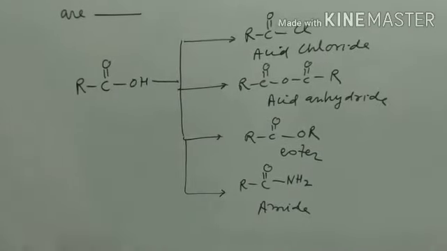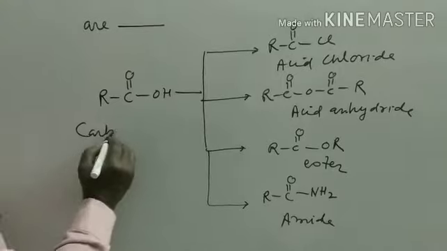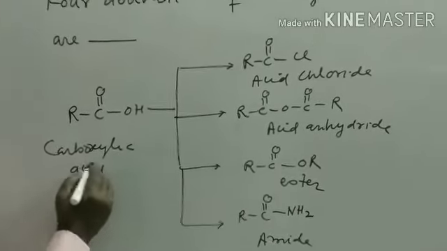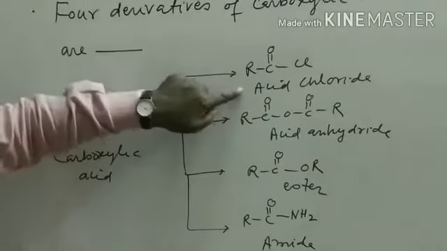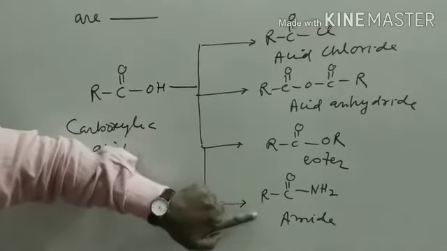These are four derivatives of a carboxylic acid. This is acid chloride, acid anhydride, ester and amide.